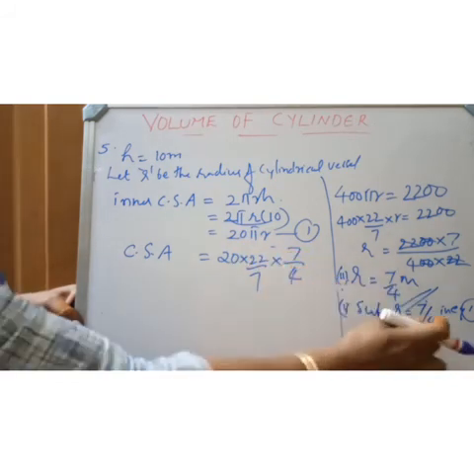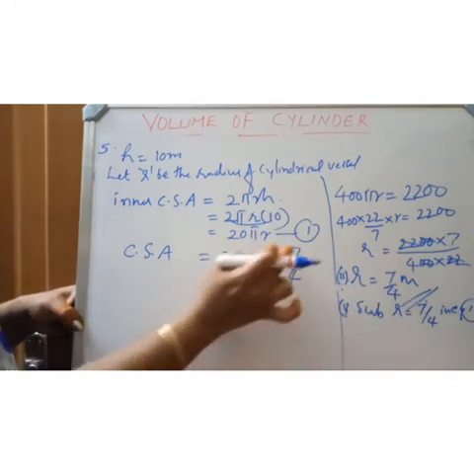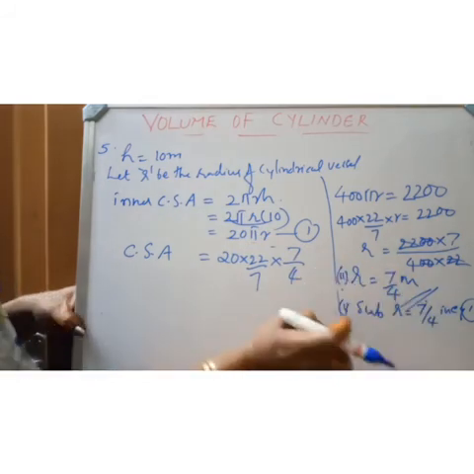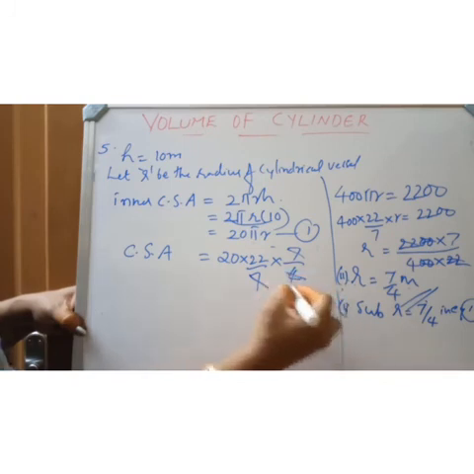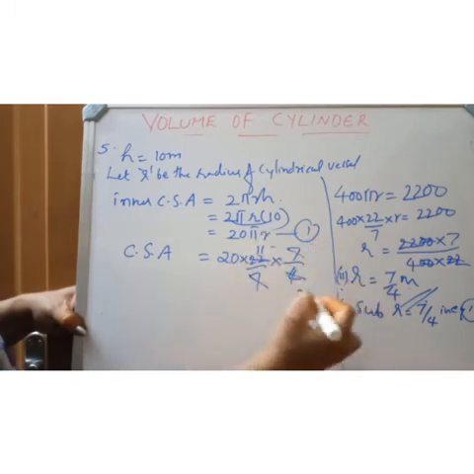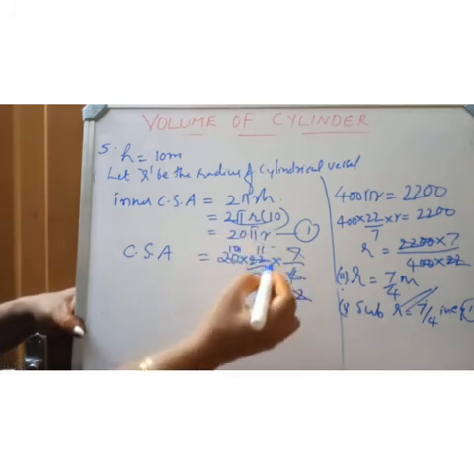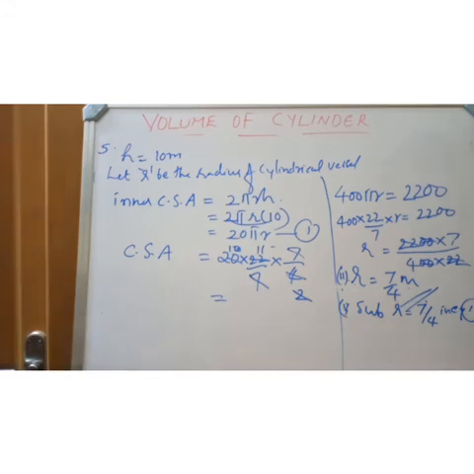Why I kept it this way: for writing 7 by 4 here, 7 and 7 we can cancel very easily. So don't write it in decimals. Okay. So 7 and 7 get cancelled. Here 2 2s are 4, 11 2s are 22. 2 and 20, 10 times. 10 into 11 into 10 into 11, we will get this as 110 meter square.